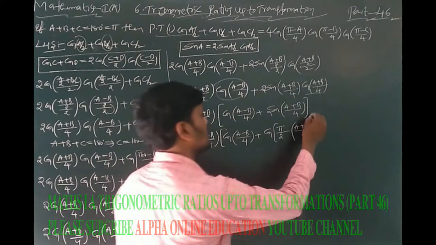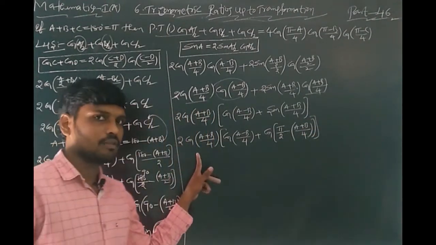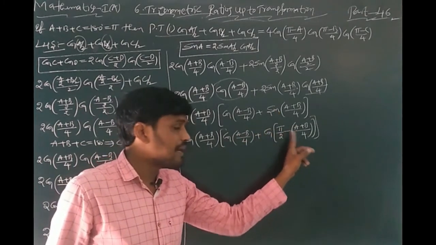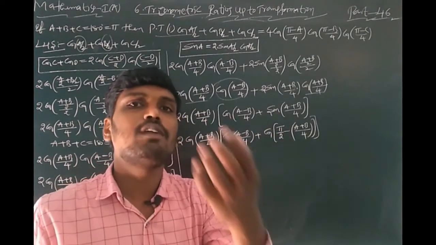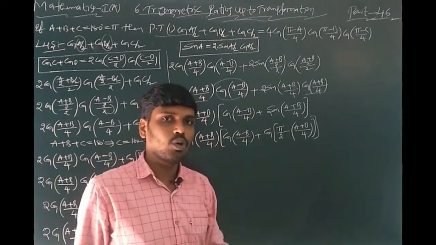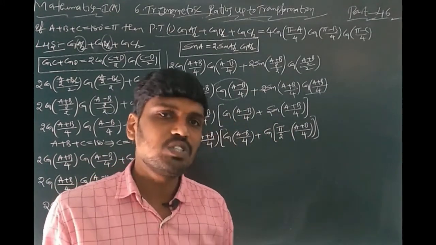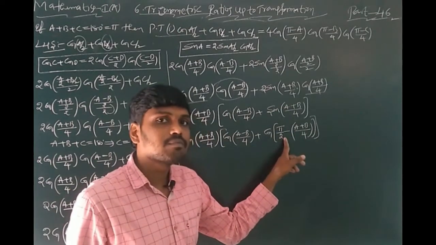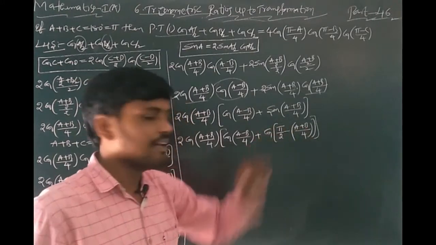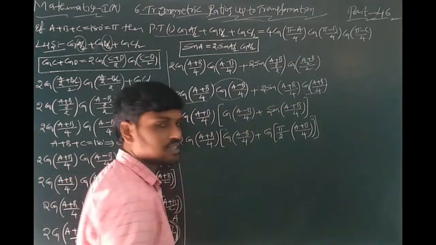First of all, this one is correct or not? First step is similar. Second step, here also the first term is same. Second term, pi by 2 is nothing but how many degrees? Pi by 2 is nothing but 90 degrees. 90 minus theta is first quadrant. In first quadrant cos is positive. 90 is which function? Odd. Cos can be changed to sin, theta value is b by 4. That's why you can write, this is correct.